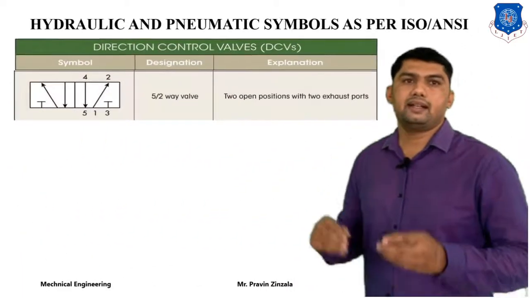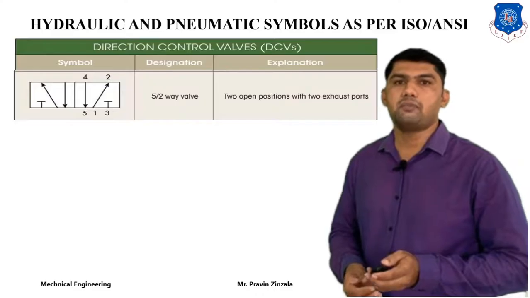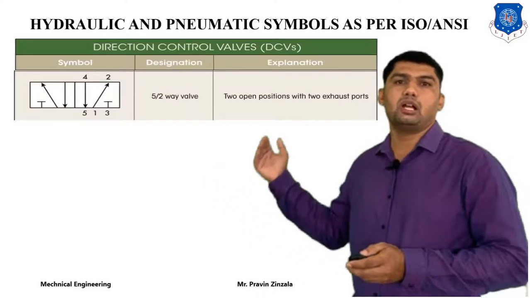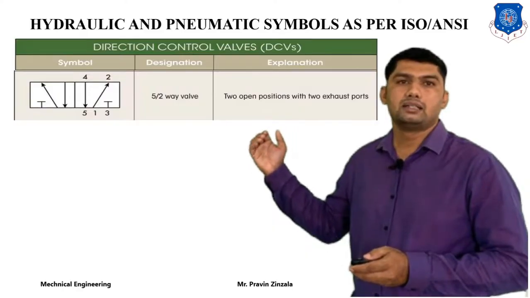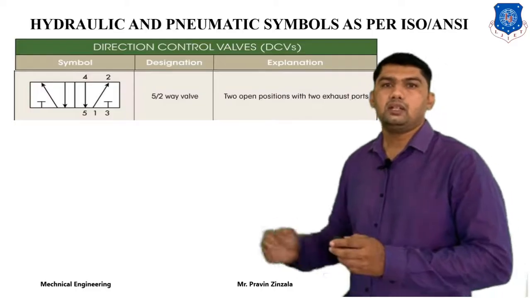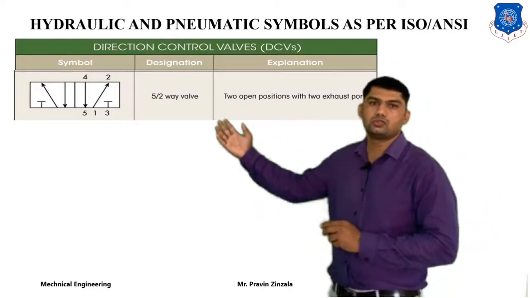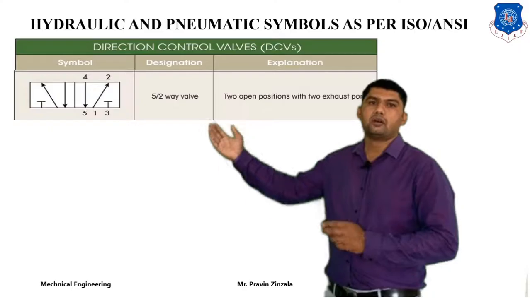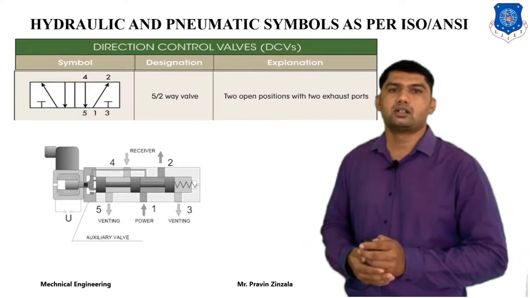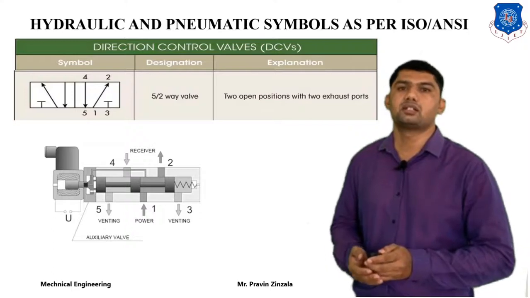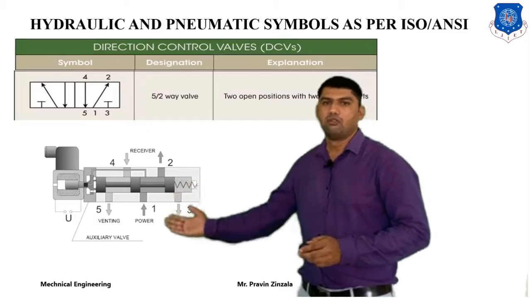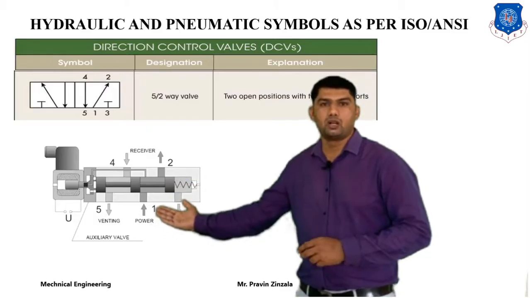The next and last direction control valve is the 5x2 direction control valve. The difference between the 4x2, 4x3 and 5x2 direction control valves is that in the 5x2 the number of positions is 2 and the number of ports is 5. The 5x2 direction control valve is generally used in pneumatic systems. It has 2 vents. One port is connected to the pump or compressor.